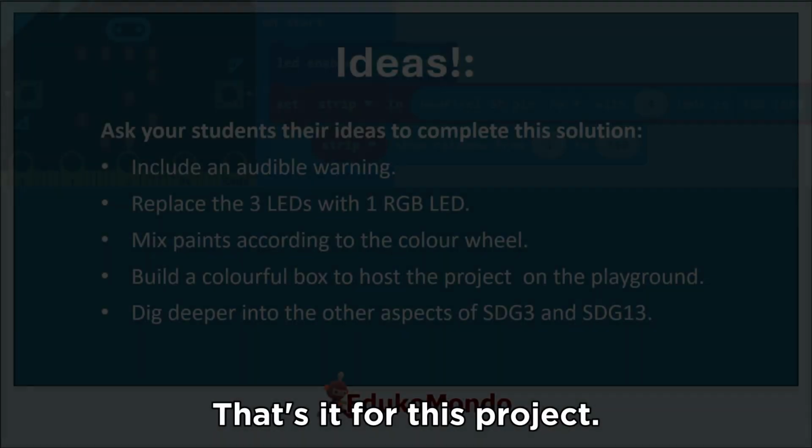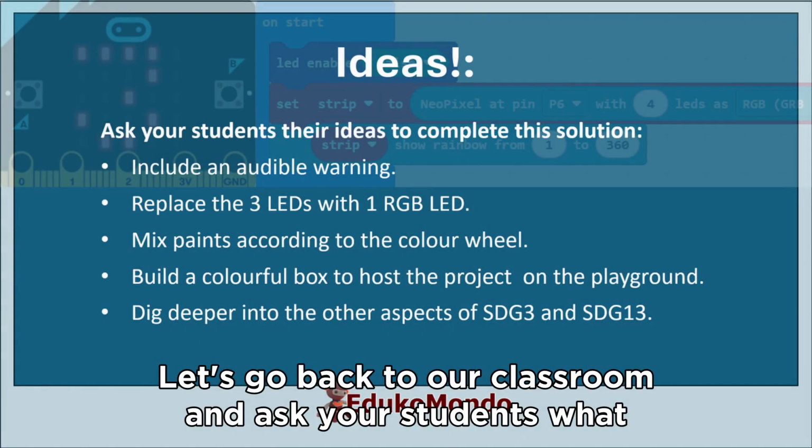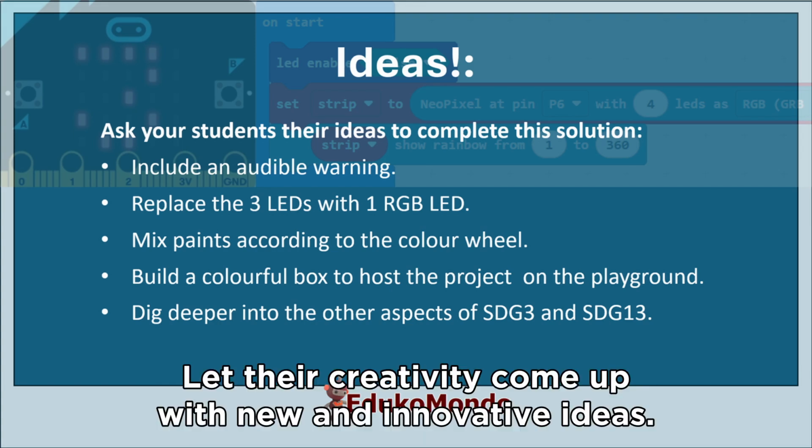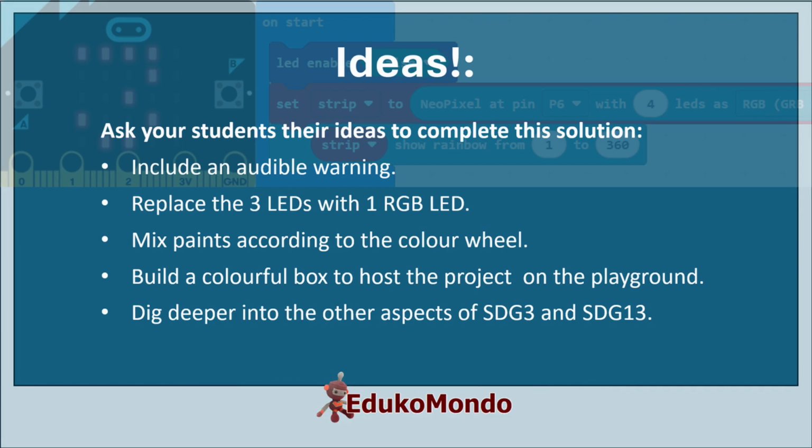That's it for this project. Let's go back to our classroom and ask your students what other ideas they may have to make this solution even more useful. Let their creativity come up with new and innovative ideas.